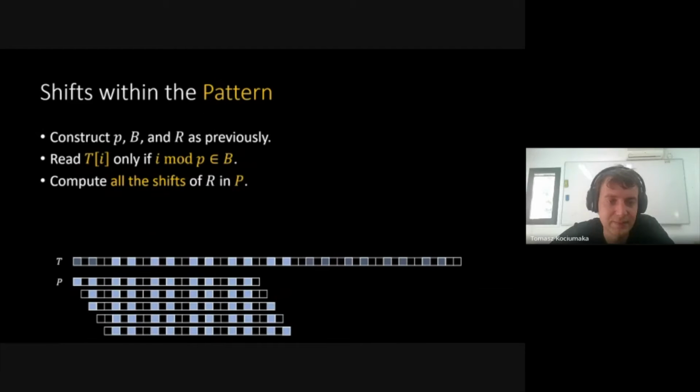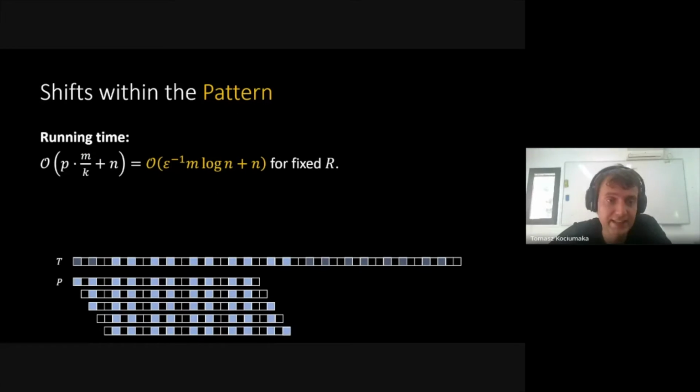Nevertheless, since the pattern is fixed, but in the text we need to consider multiple fragments, multiple offsets, the number of fingerprints we need to compute for the pattern is still just p. After p steps, we go back to the original fingerprint for offset number 0. So the running time is now p times m over k again, and this is for computing, this time, the fingerprints in the pattern.